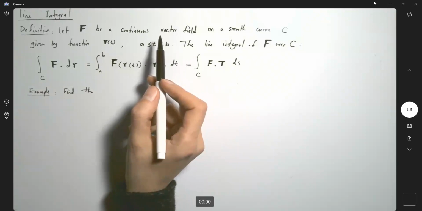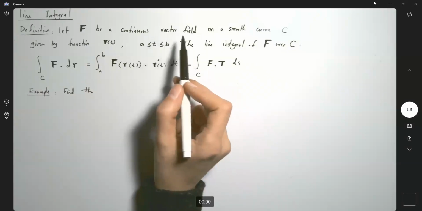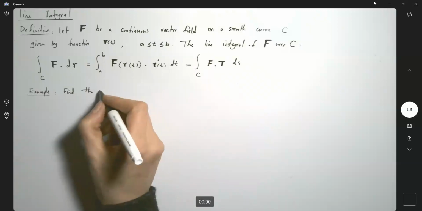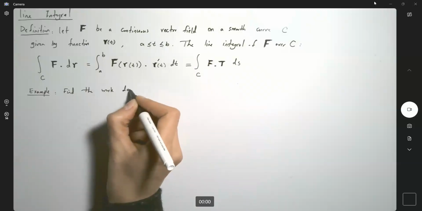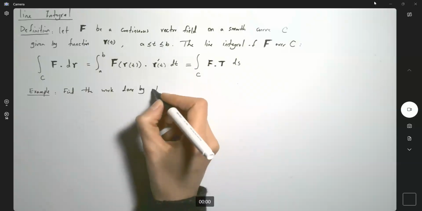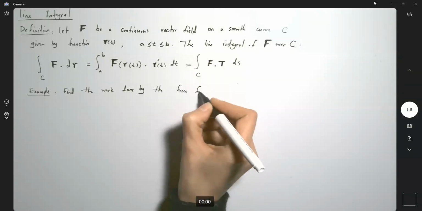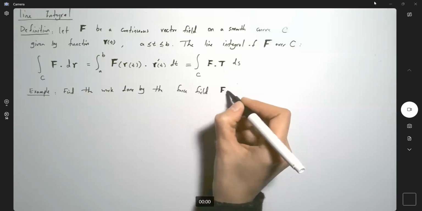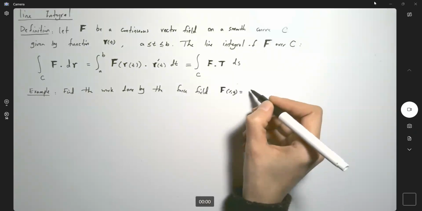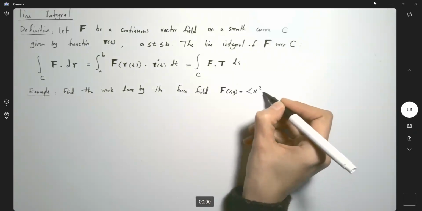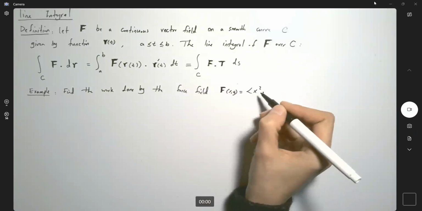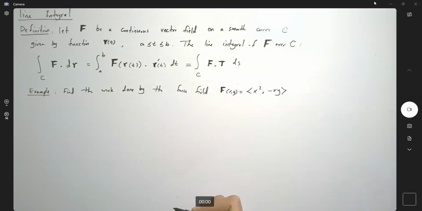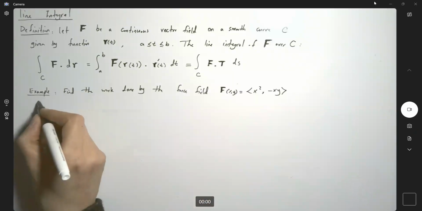Question says, find the work done by the force field, which is given to you as F of x and y equals x squared as your x component and negative xy as your y component, in moving a particle.